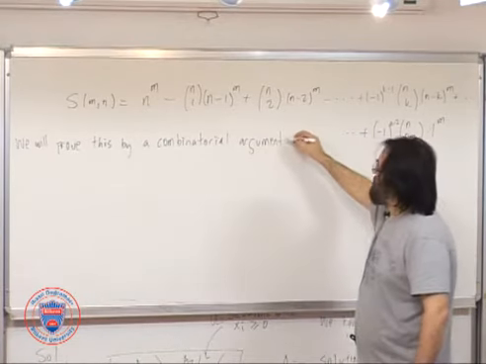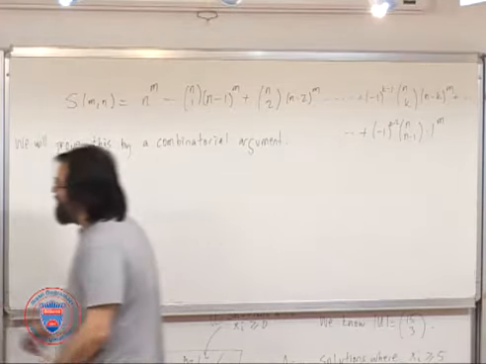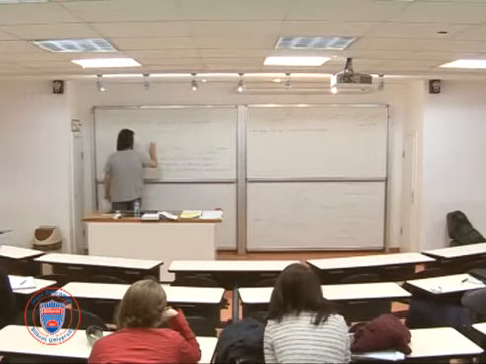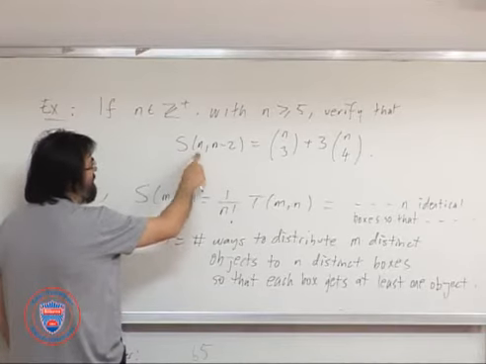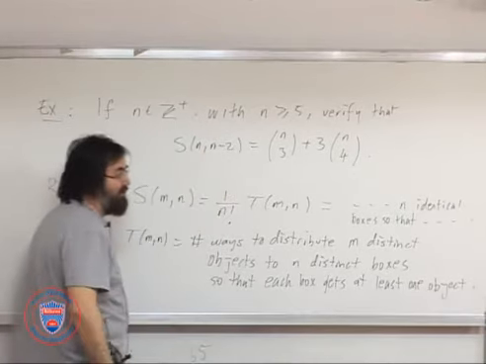It means that you have this thing that you try to count. If I count it in one way, I should get the Stirling number, and if I count it another way, I should get what is on the right-hand side. So we have to see how many ways you can distribute n distinct objects to n minus 2 identical objects.